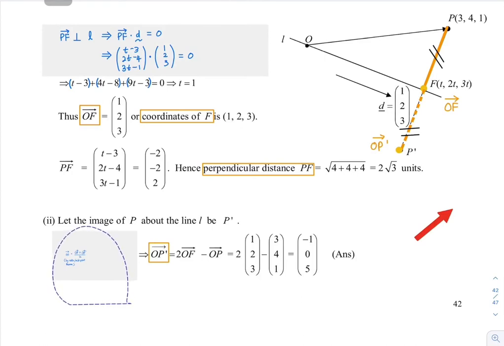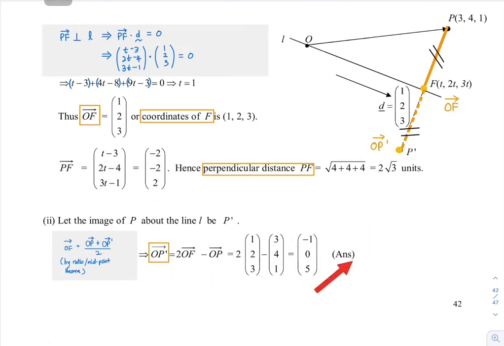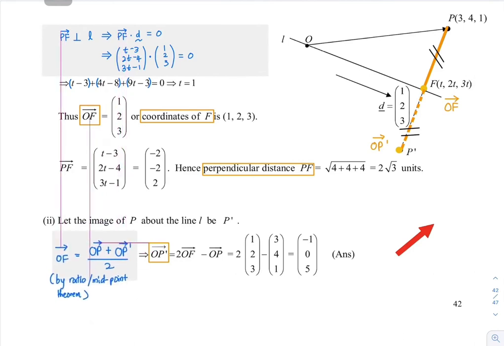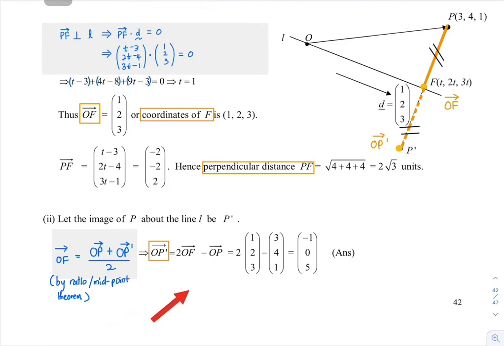So by using the ratio theorem, OF can be written as OP plus OP prime divided by 2. The ratio is 1:1, so you have 2 over here. Then from there you can make OP prime the subject, and that's where you get the position vector of the point P prime.